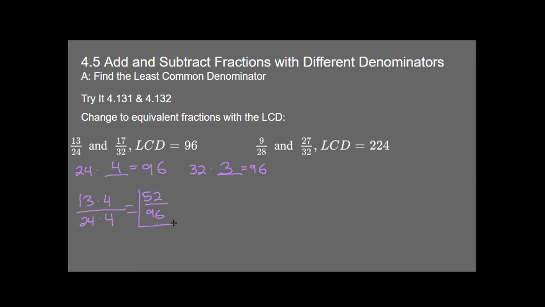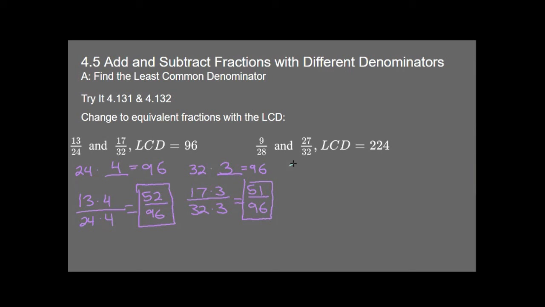So 52/96 is equivalent to 13/24, but it has a denominator of 96. Now I'm going to multiply 17/32 by 3 on the top and 3 on the bottom, and that is equal to 51/96. So now these two have the same denominator, 96 on the bottom of both of those fractions.